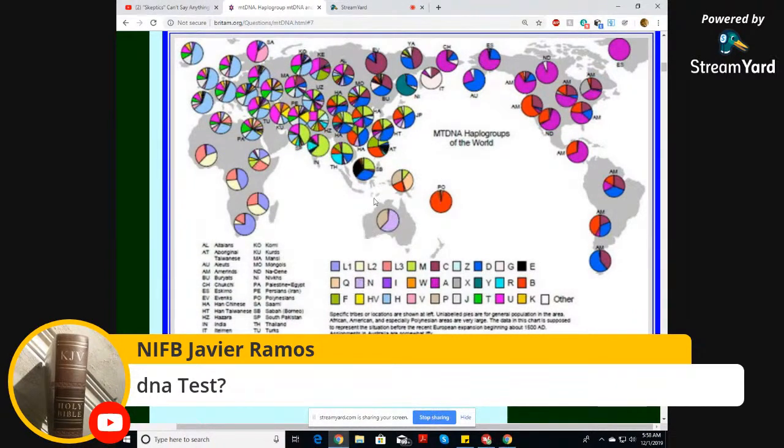So the Aboriginals are a mixture of, I'm thinking, a mixture of, I have to go check the Y chromosome chart again.